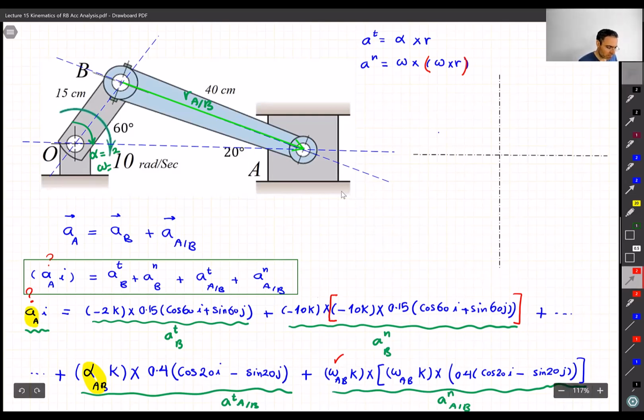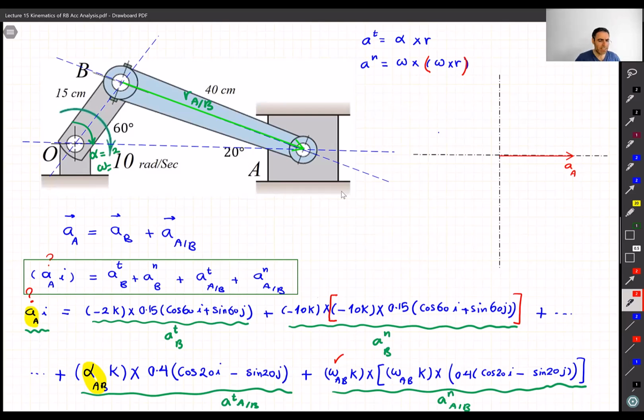Okay, and again, for the direction, we don't care, but if we know the direction for one component, then we should do it correctly. But we have to be careful about which line they are on. So we know that VA has to be on this line, and for now let's assume that it is going positive. So this is AA. What else do we know?